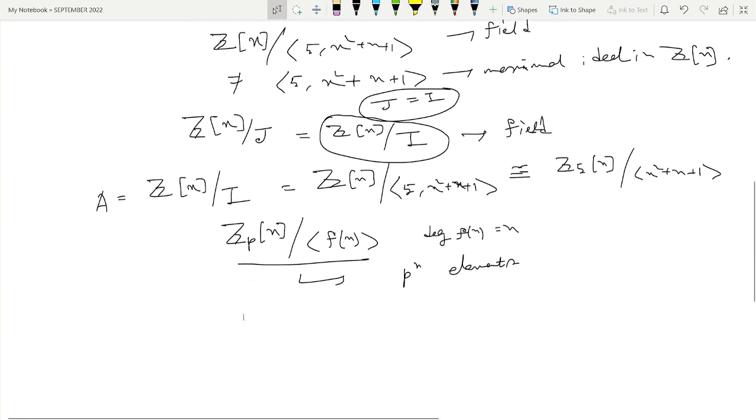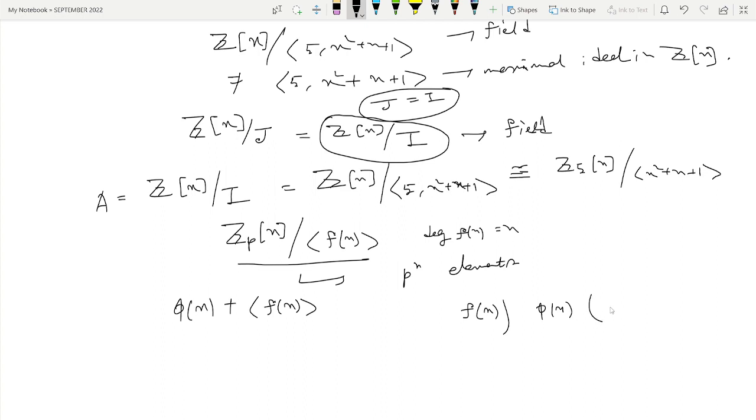If we take an element phi x plus this ideal, and divide phi x by fx using the division algorithm, we have a quotient polynomial qx and remainder polynomial rx, where the degree of rx is at least 0 and less than the degree of fx, which is n.